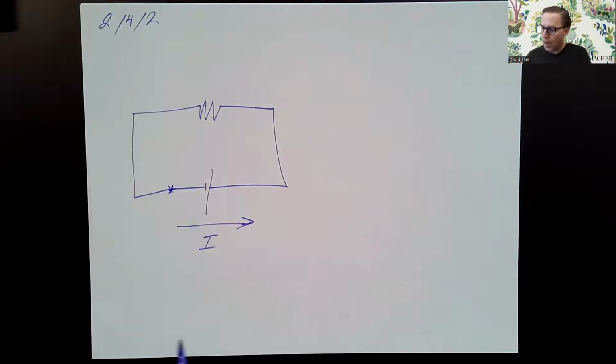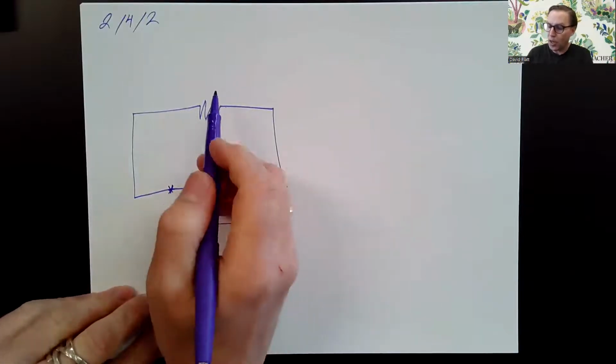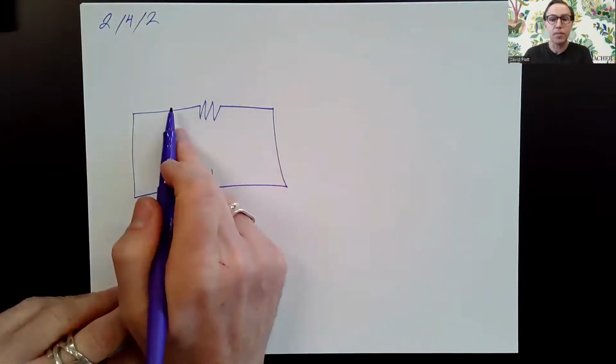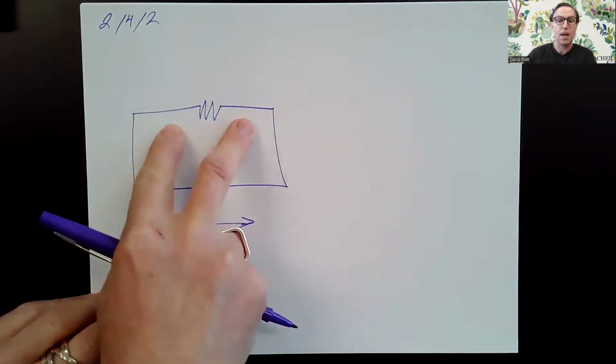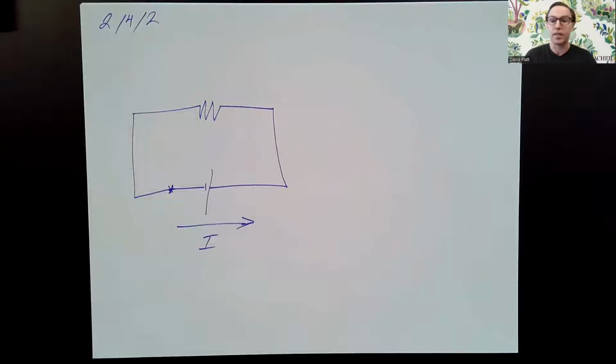So we can talk about the current through the resistor. We can talk about the potential difference across the resistor, and we can talk about the resistance of the resistor. And I said those three phrases and used those prepositions last time: across, through, and of.